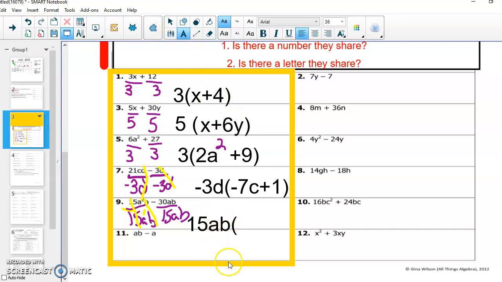So I am going to be left with just an a because a squared minus a to the first leaves me with a. And then I'm going to do 30 divided by 15, which is going to give me 2. My a and my b are going to cancel out. And so I have my final answer here of 15ab times a minus 2 in parentheses.